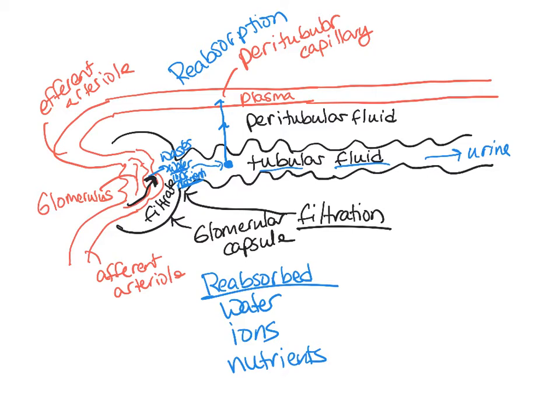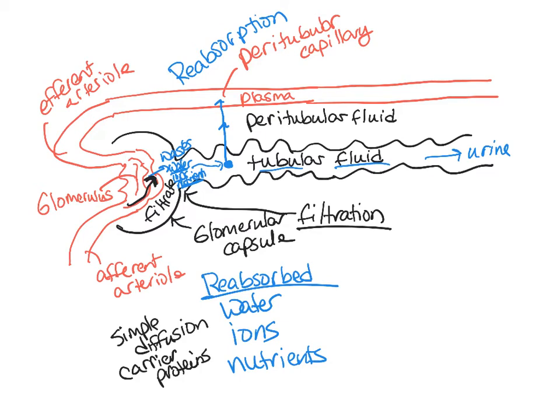Now, what we're going to learn is that some of these things are going to be reabsorbed through simple diffusion. And you remember what that is? That's just moving solutes from an area of high solute concentration to an area of low solute concentration. Sometimes this reabsorption might use carrier proteins. So when carrier proteins are used, sometimes it's co-transport, where they're transported across with another ion.